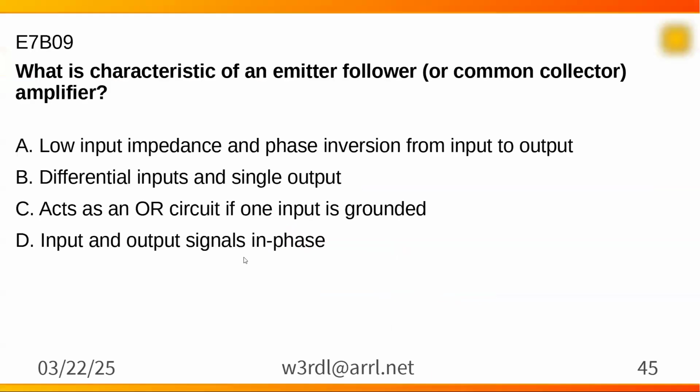So what's a characteristic of an emitter follower or common collector amplifier? The input and output are in phase. Delta.